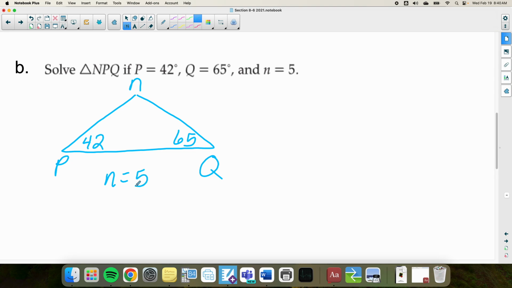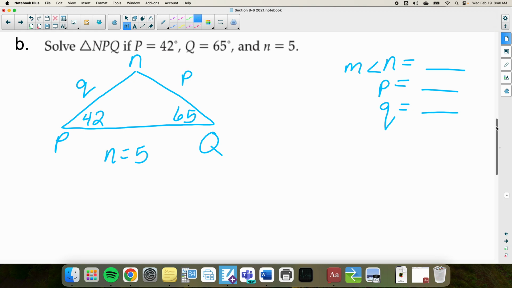So that means across from angle P is little p, across from angle Q is little q. So when you're deciding what you have to find, you have to find the measure of angle N, you need to find little p, and you need to find little q, okay?